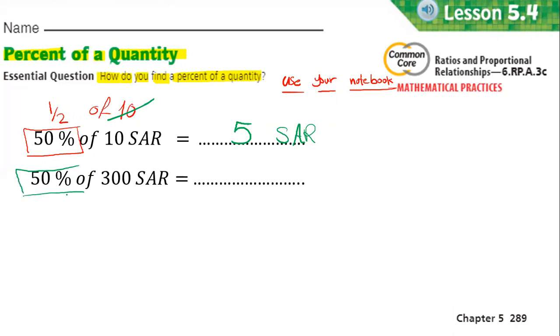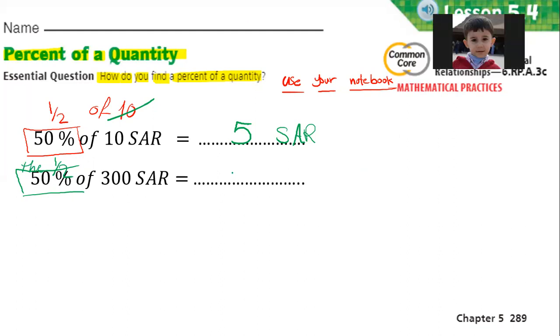The half of 300 is 150. That's right. It's super easy. We need to start with these questions first to understand the lesson perfectly.